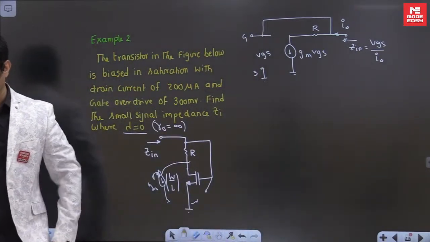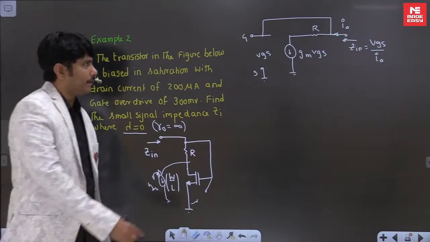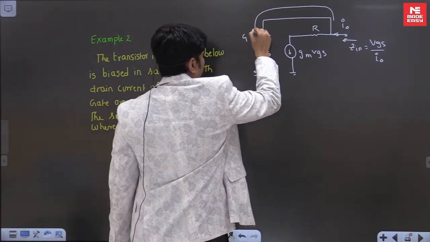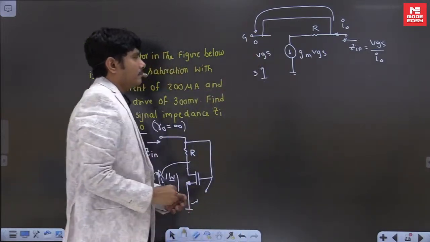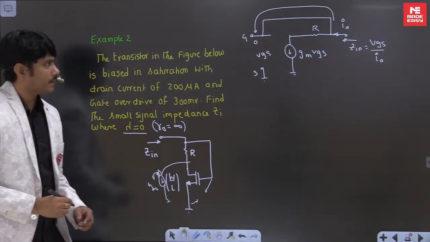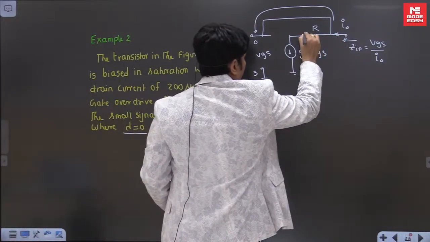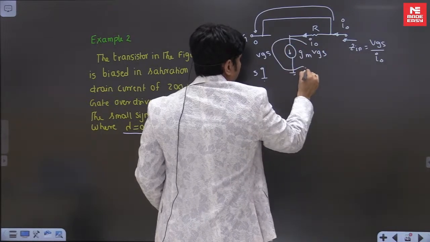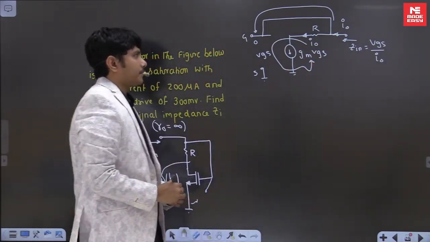VGS by I0 is ZIN there. Can you see one trick here? When you are sending this current, it cannot go this side because it's open. Gate to source is open, we cannot send the current to the gate. But the same current I0 will go through R, and this I0 will become gm into VGS.